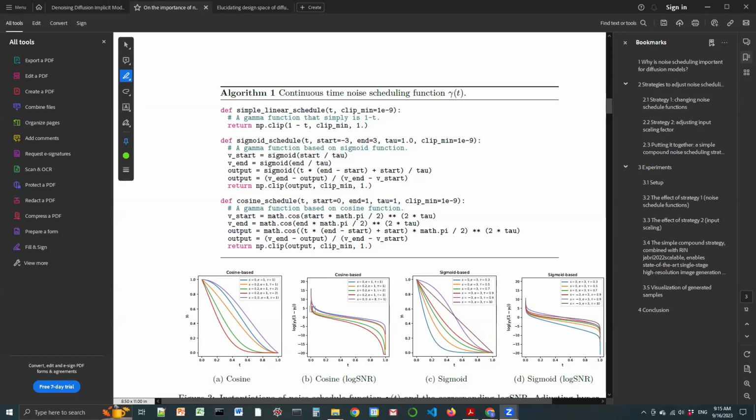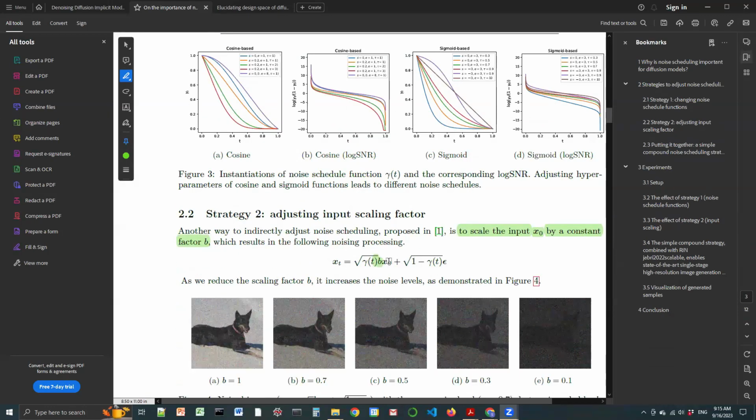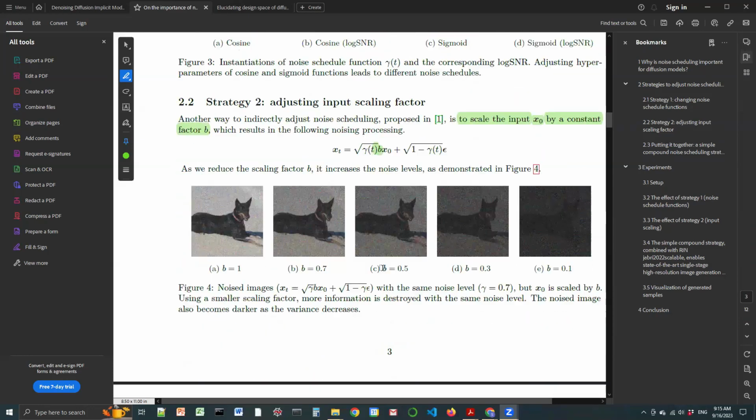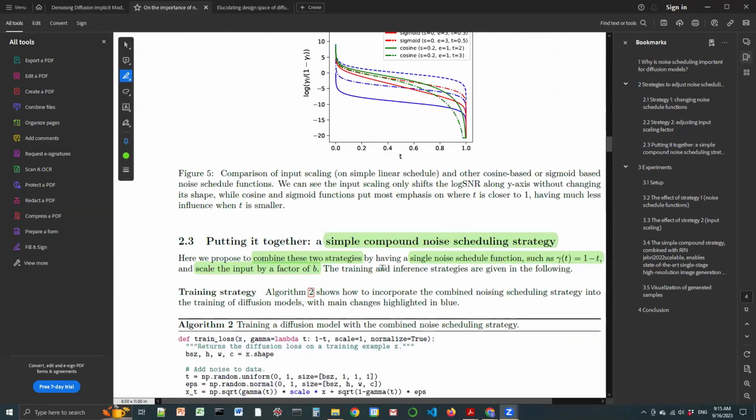They in turn add different signal to noise ratio to the image, and that's what I referred to in one of the slides, right? And then there's this whole B, which scales the x zero. This is the scaling factor, so this is just scaling the input. This is the -1 to 1 or -0.5 to 0.5 or 0 to 1 or whatever. So that also has an important impact on the result.